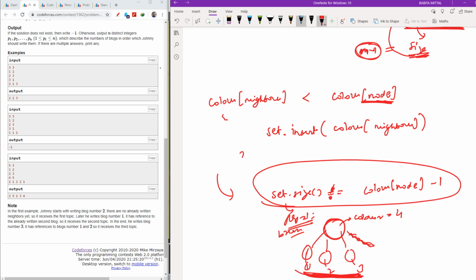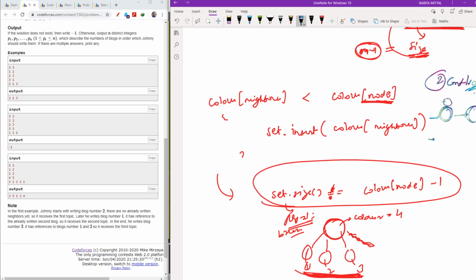So understanding, I now have two conditions for -1. First condition is the node and its adjacent node, which means the neighbor element. If both are the same, then I will print -1.